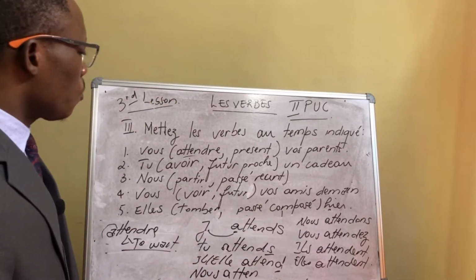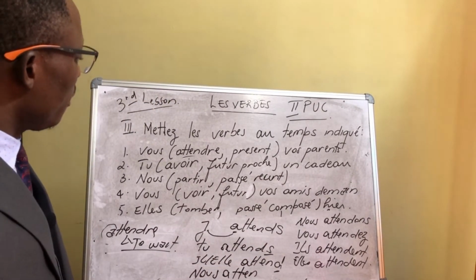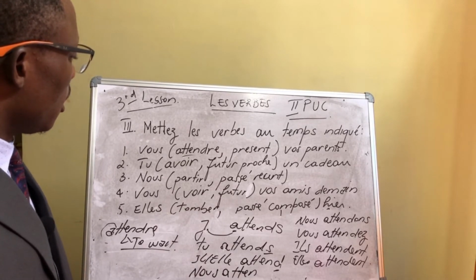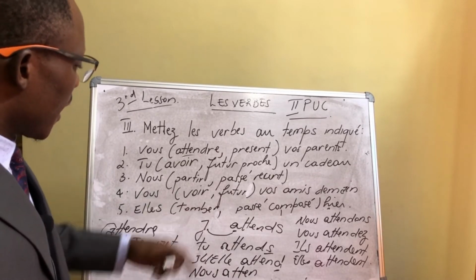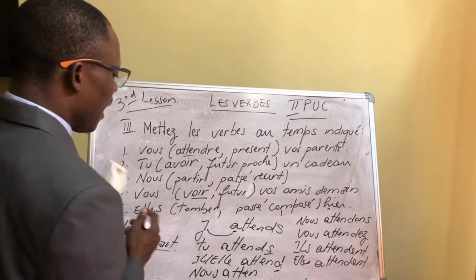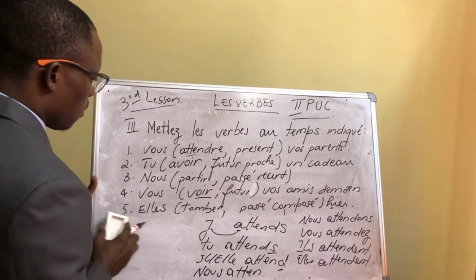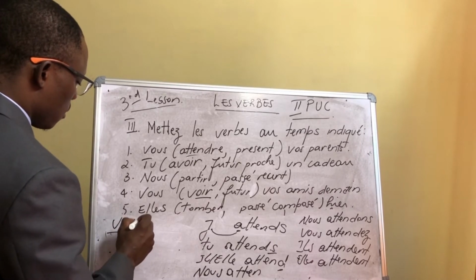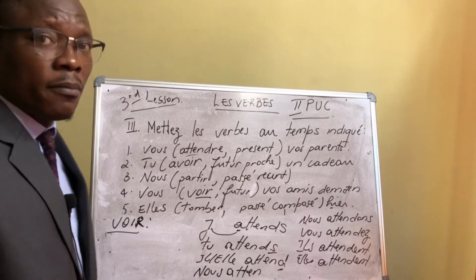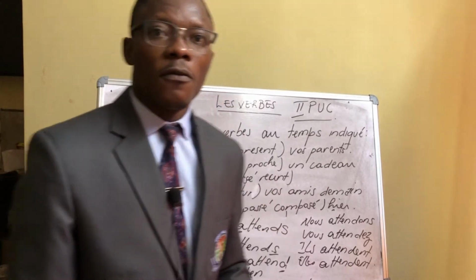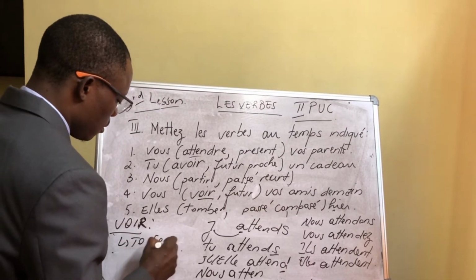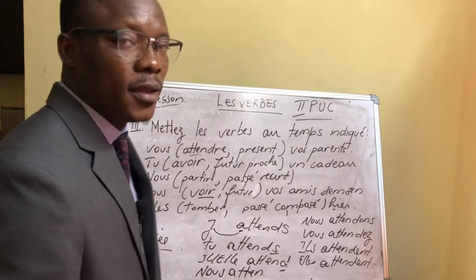Now next I want to get one example of a verb ending with OIR. Let's take it here. We have voir. What do you mean by voir? Voir means to see.